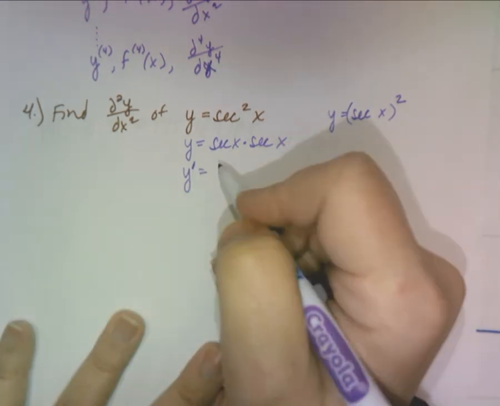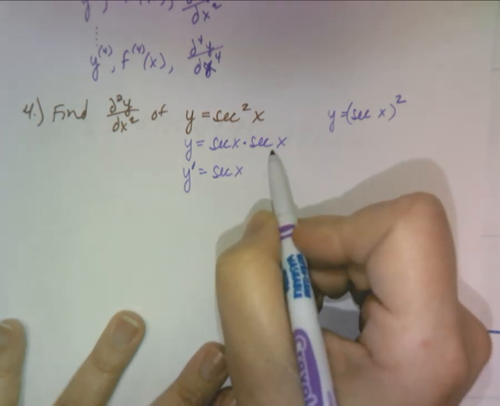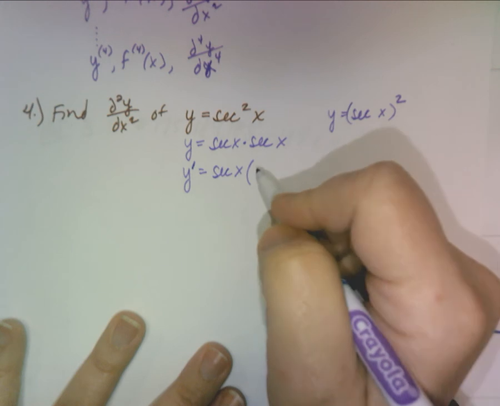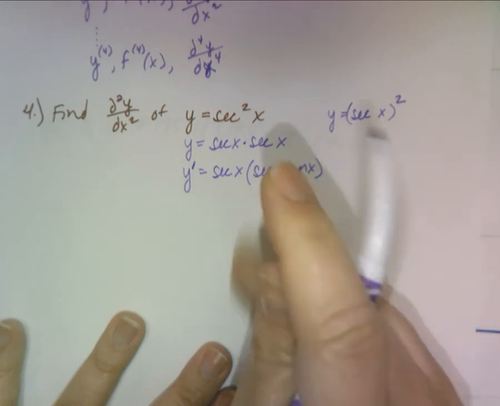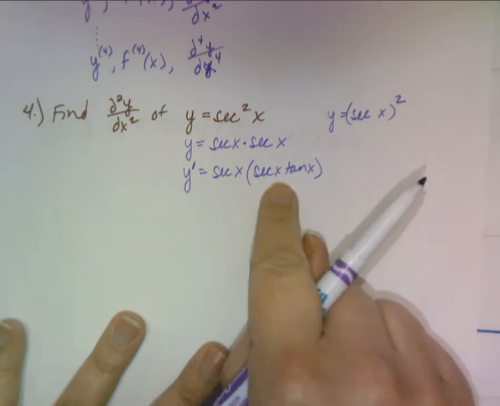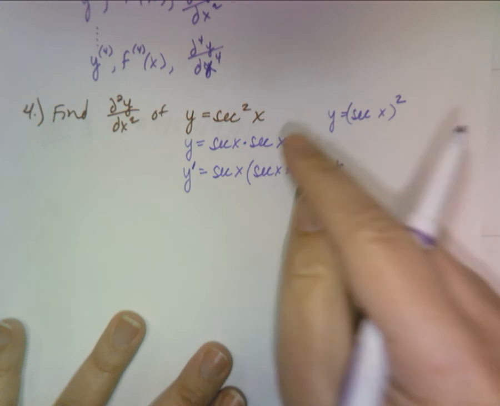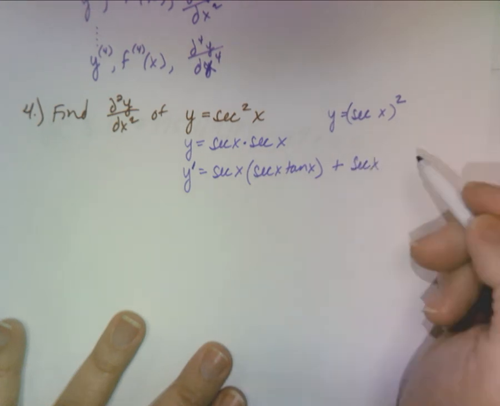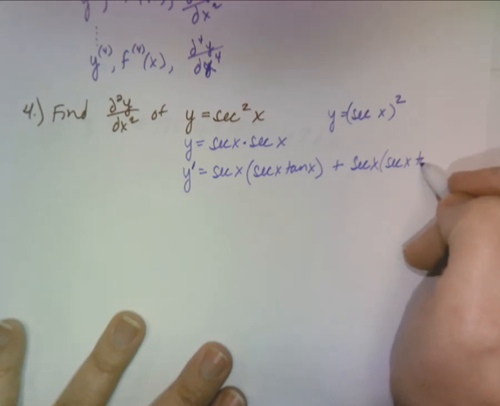So that would be first times the derivative of secant x, if you look at your list, is secant x tan x. First times derivative of second, plus second times derivative of the first, which again would be secant x tan x.